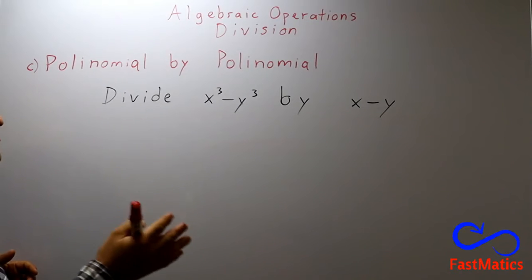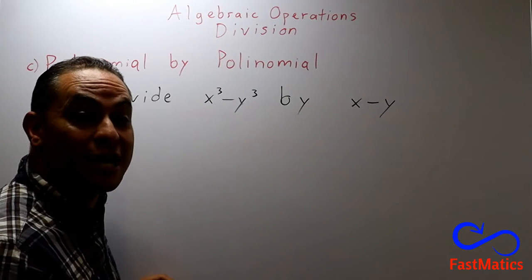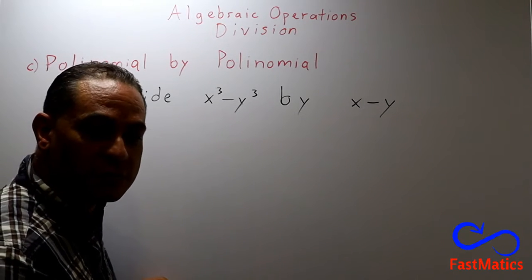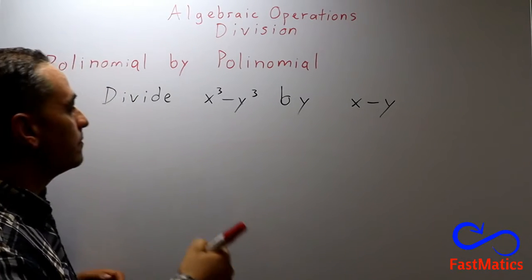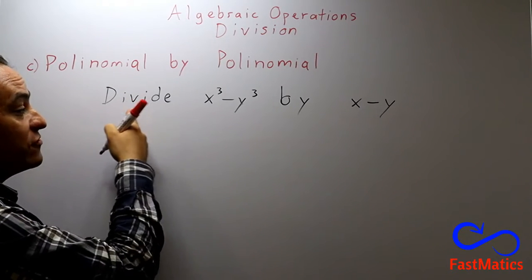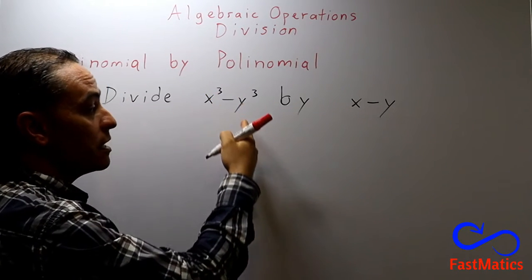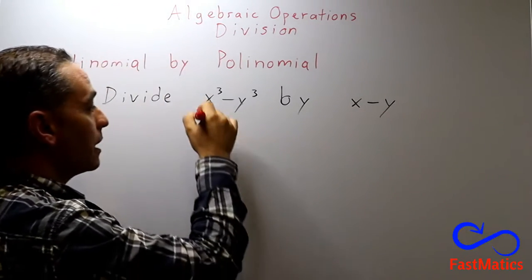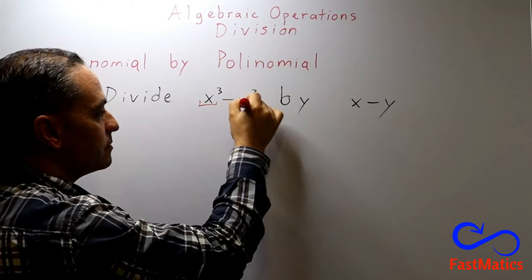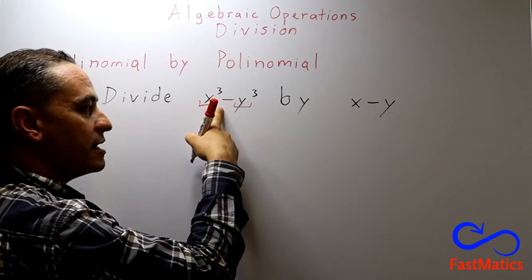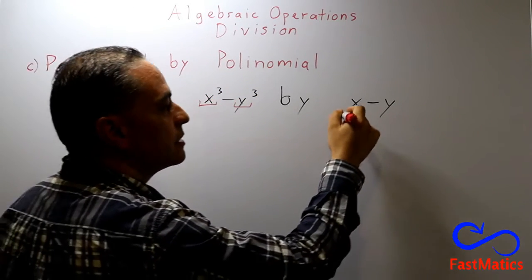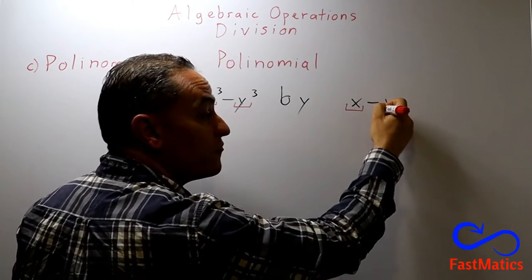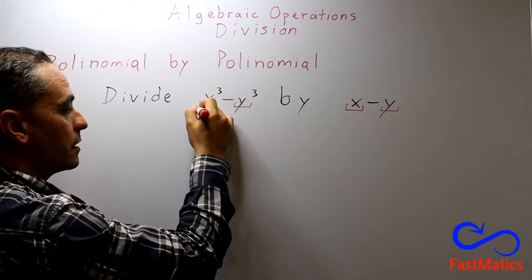Well, first of all, we have to remember that if we are going to divide, we must count the terms of the exercise. So, if I am going to divide x cubed minus y cubed by x minus y, I count one term separated by a negative sign from another term, and here one term separated by a negative sign from another term.